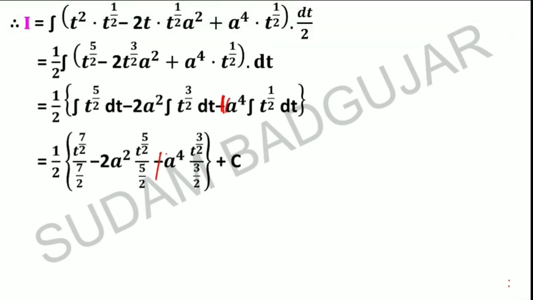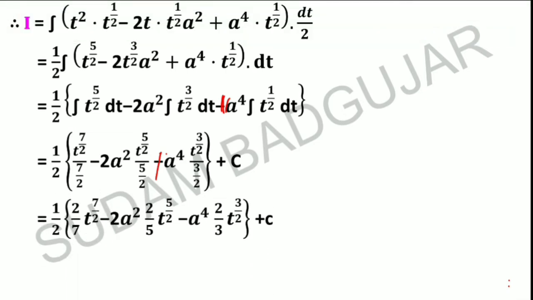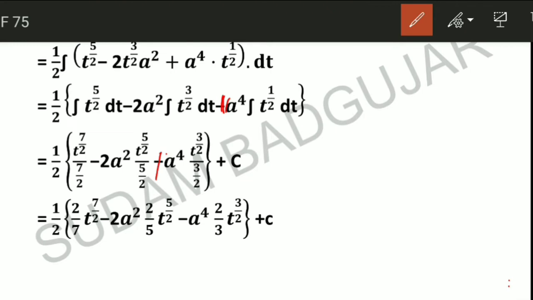It is 1 by 2, and the minus sign is carried, so here it becomes plus. That means half into 2 by 7 into t raised to 7 by 2, minus twice a square into 2 by 5 into t raised to 5 by 2, plus a raised to 4 into 2 by 3 into t raised to 3 by 2, plus c.